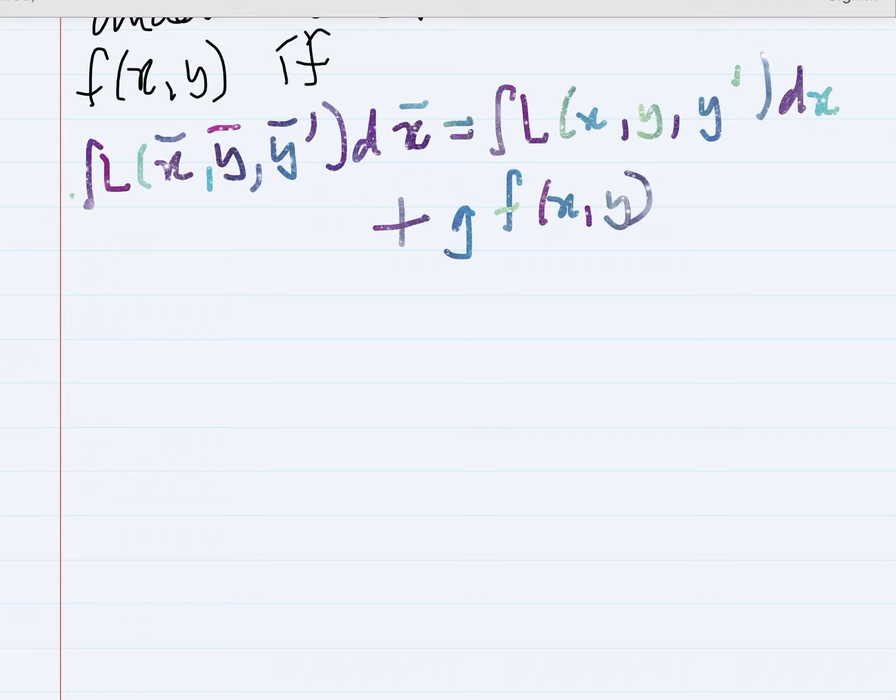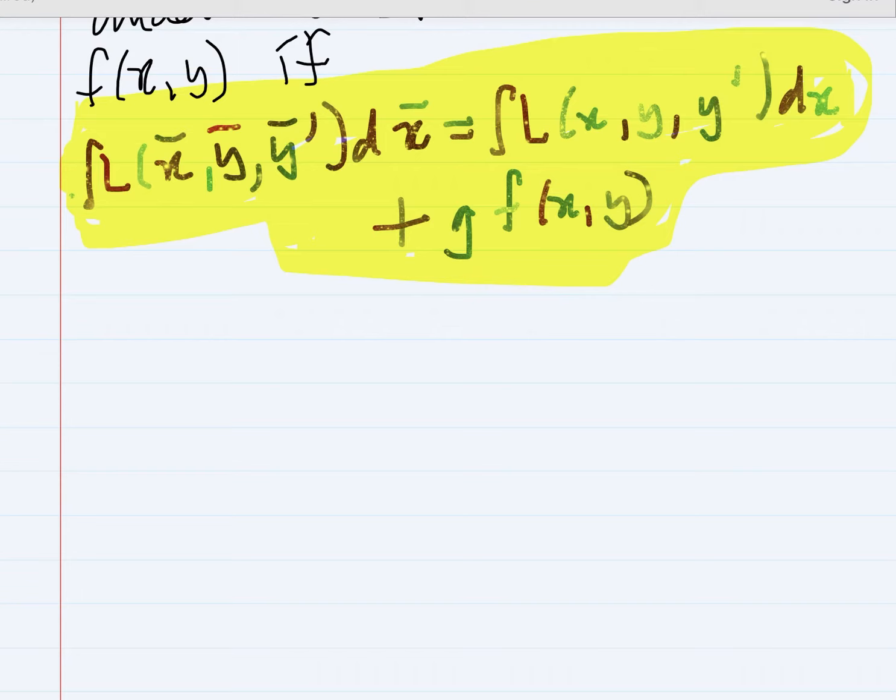So this is in essence the invariance up to gauge of a functional, the integral that is used in the calculus of variations. This is what we're going to start off with, and this is an invariance property, up to gauge. Invariance for the exactness means F is equal to 0.